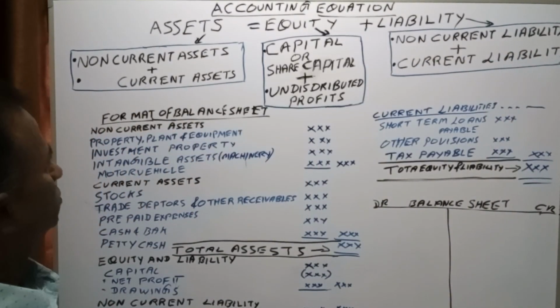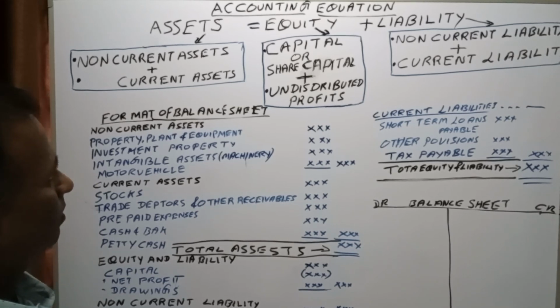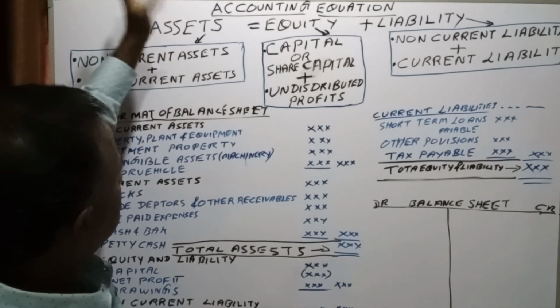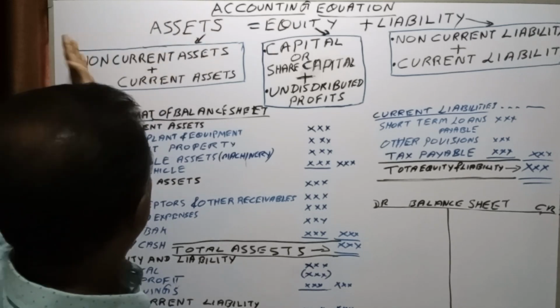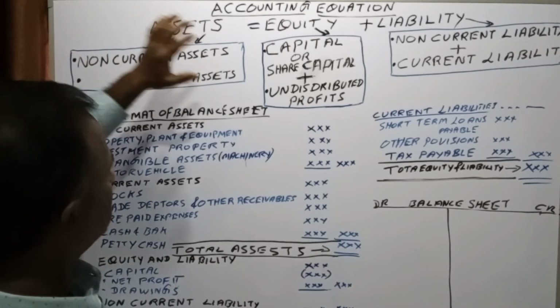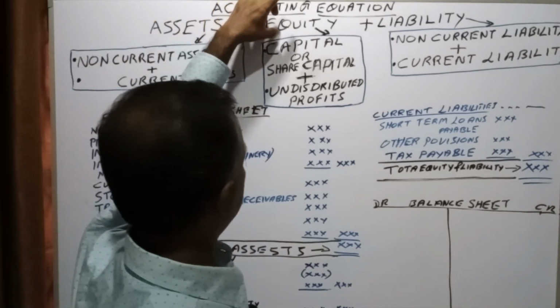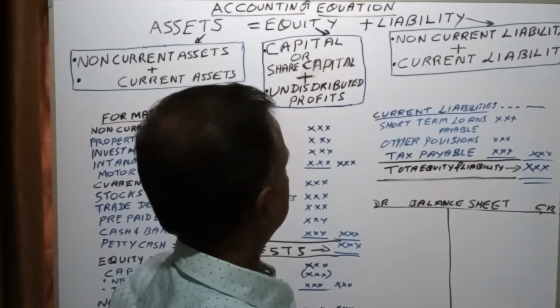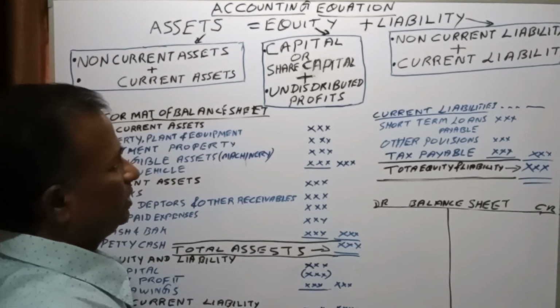So now you know the assets: what consists of assets, what consists of equity, and what consists of liability, and what categories it has.